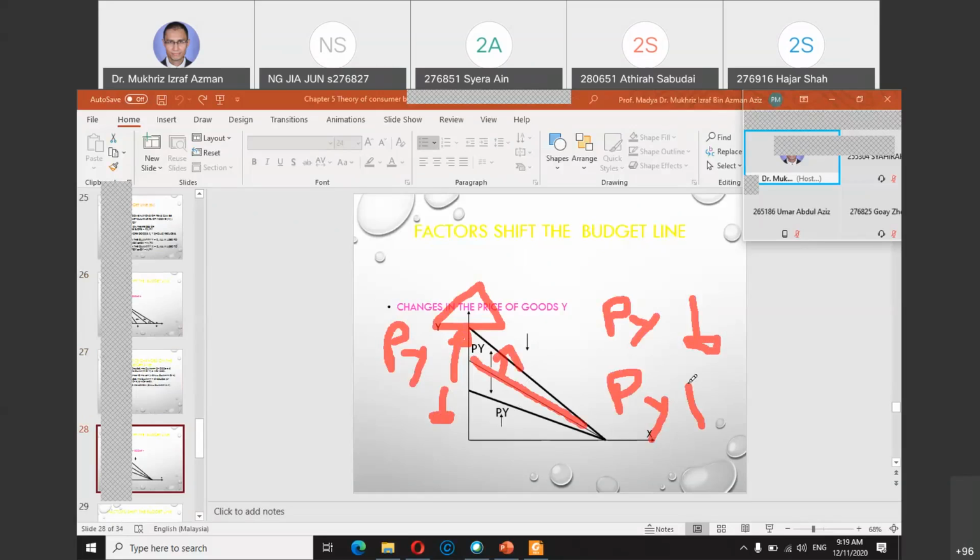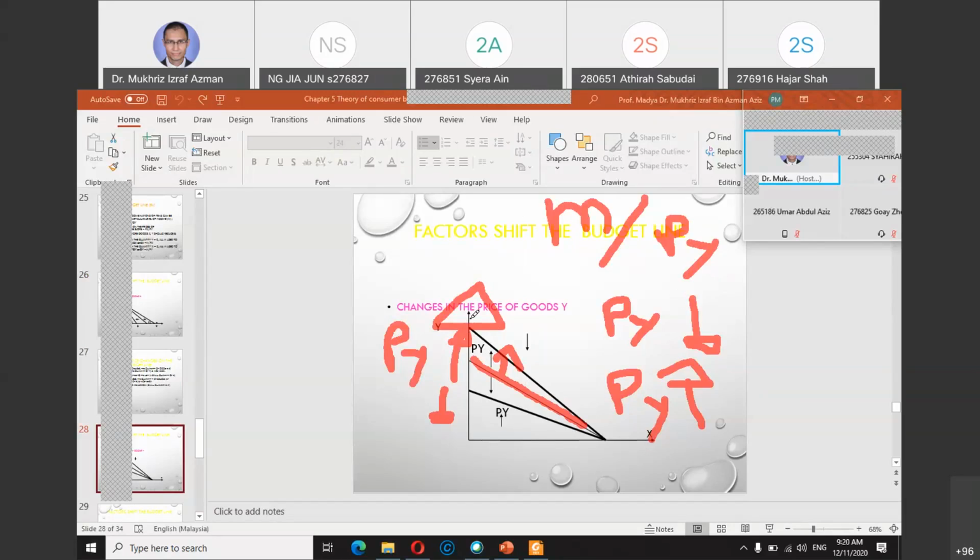Again, the intersection point is calculated as M over PY, correct? So if PY goes down, PY becomes smaller, M divided by a smaller value, then the product of M over PY will become bigger. So you move upward.